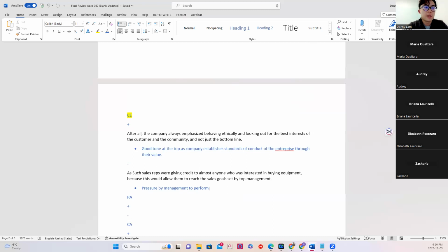If management has high sales goals, they give out bonuses, a compensation incentive. But what they thought would be a compensation turned out to be the opposite. It ended up backfiring. Is there a word you would use for that? So pressure by management to perform, but this backfired.